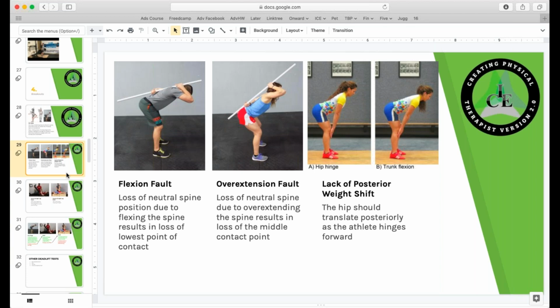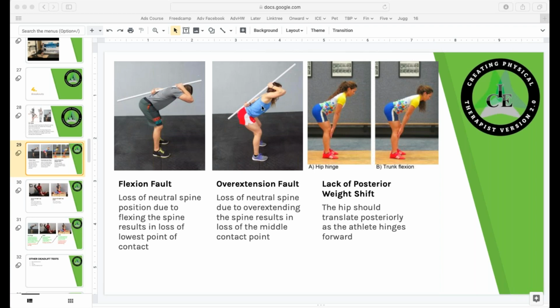So we'll see 3 faults with this test. Far left here, we'll see a flexion fault, where as that individual descends down, they flex their low back, and you'll see that bottom point of contact be lost.